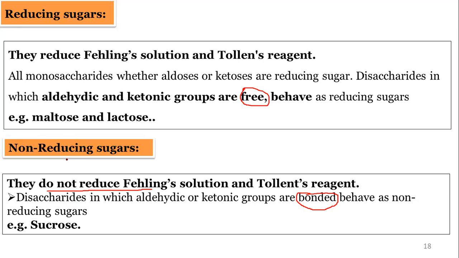So these are non-reducing sugars. An example is sucrose. If we look at the example of sucrose, the aldehydic and ketonic groups are bonded, but in the structures of maltose and lactose, these are reducing sugars because the aldehydic and ketonic groups are free.